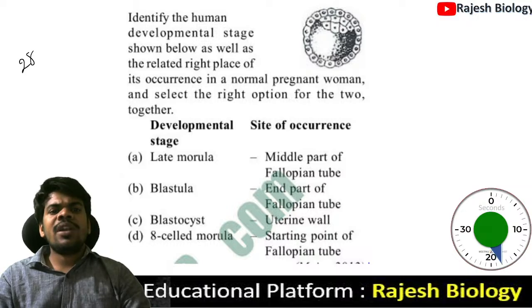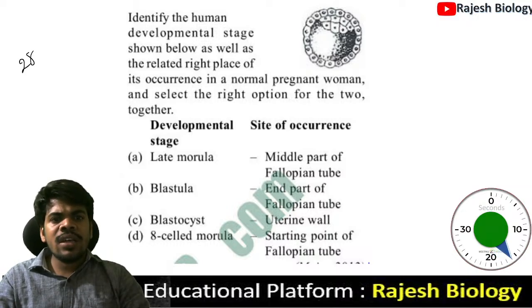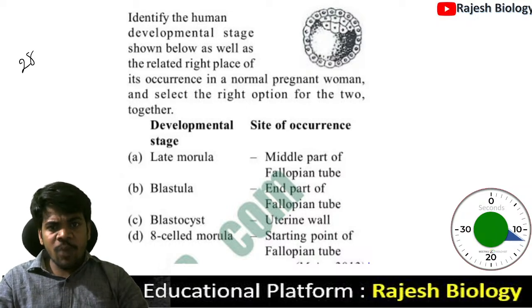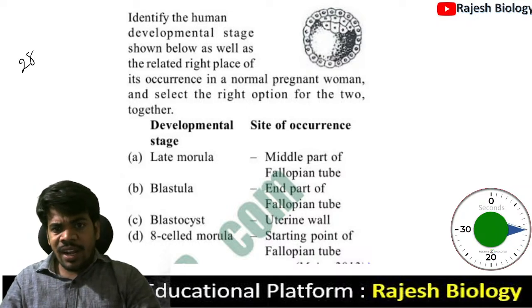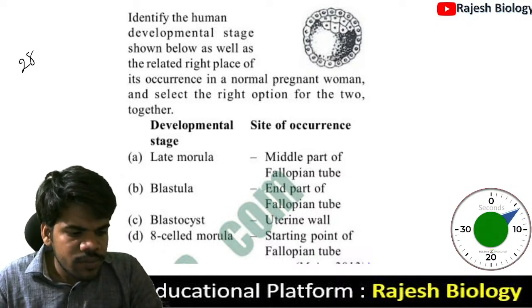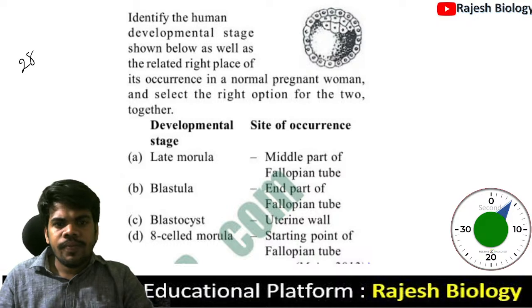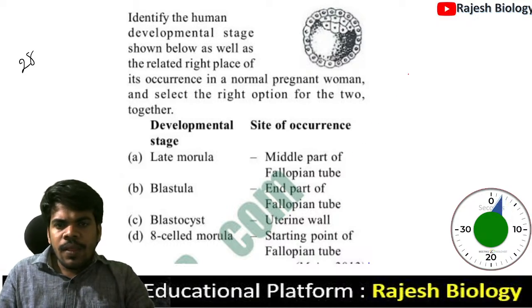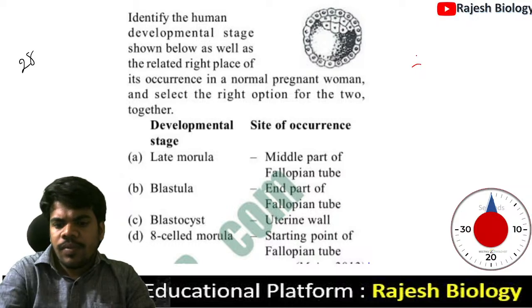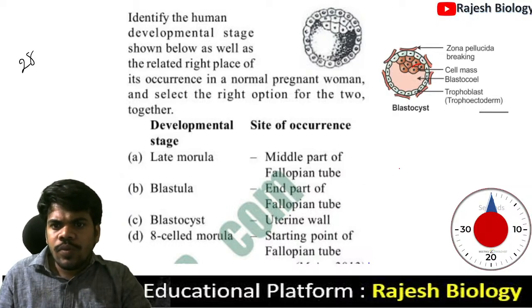Identify the human developmental stage shown below as well as the related right place of its occurrence in a normal pregnant woman and select the right option for the two together. The difference between blastula and blastocyst is, here is the clue.